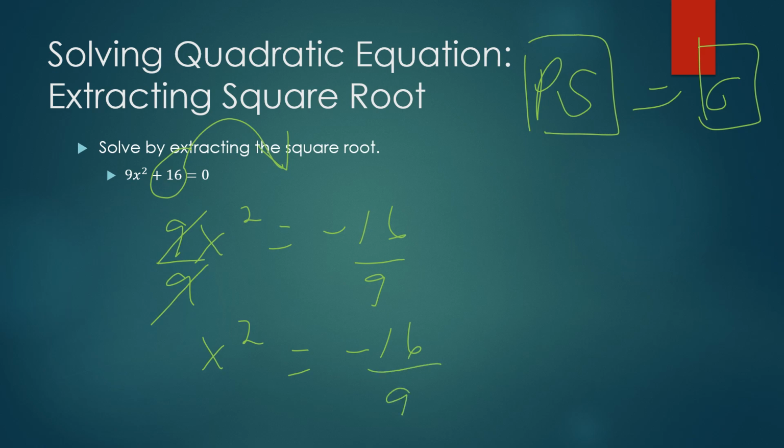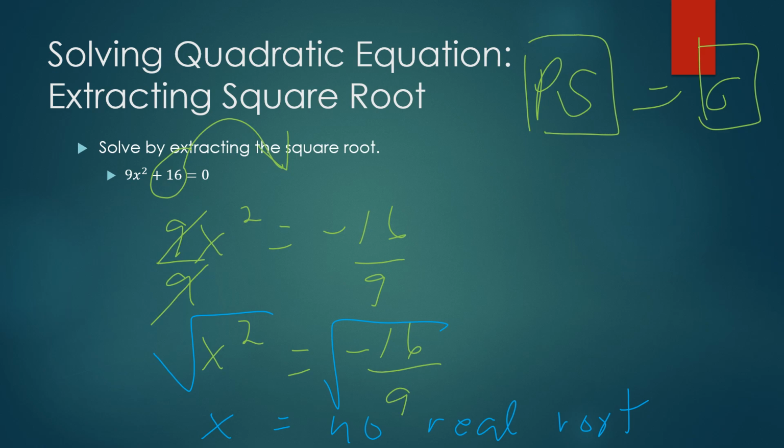If we try to find the square root of this, we know it's x, right? But is there a square root of a negative number? None. So that means there is no real root. You cannot multiply a number by itself and get a negative result.